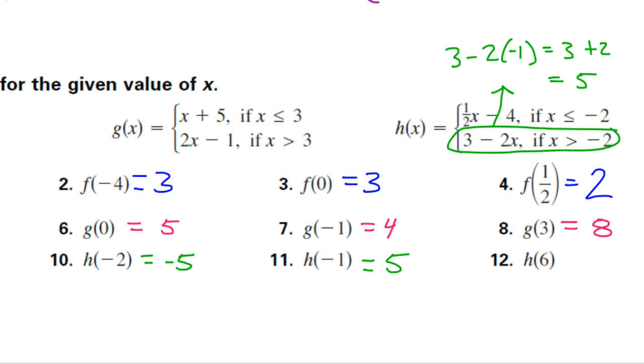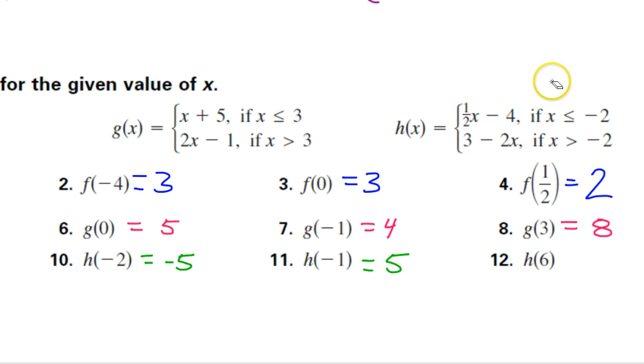Last one. Six. Is 6 less than or equal to -2? No. 6 is greater than -2. So once again, we will use the bottom piece.